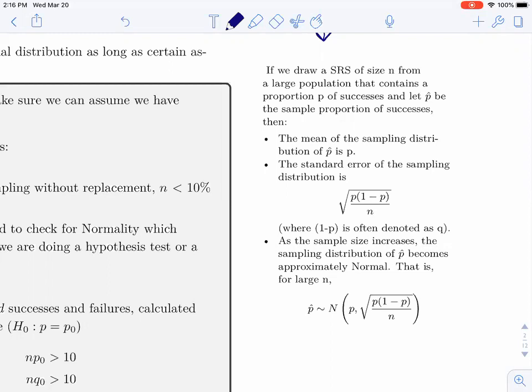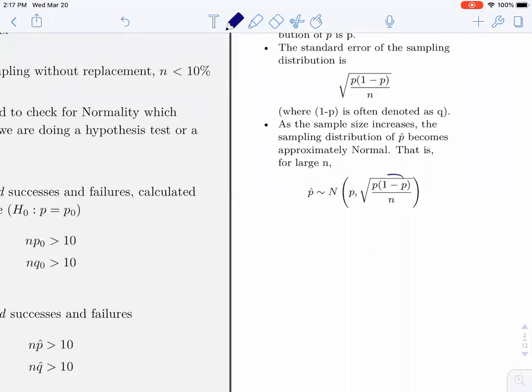One thing that we talked about when we talked about binomials, way back, was that 1 minus p we usually just denote as q. I've got that in the notes here, but I'll just add another note: q equals 1 minus p. To save a little bit more writing, I'm just going to use q, but it's your job to know that q is 1 minus p, and that's on your formula sheet.